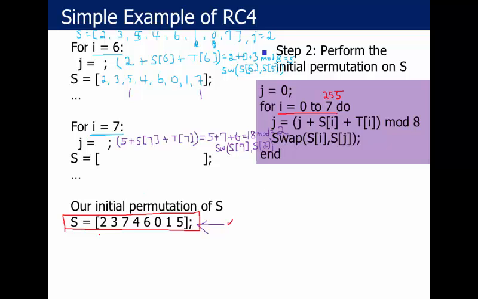And right now we have only 8 numbers in this array or vector. In a real example, you need to have 256 numbers. The numbers that we play with here are 0 to 7, but in real ones, you have 0 to 255.